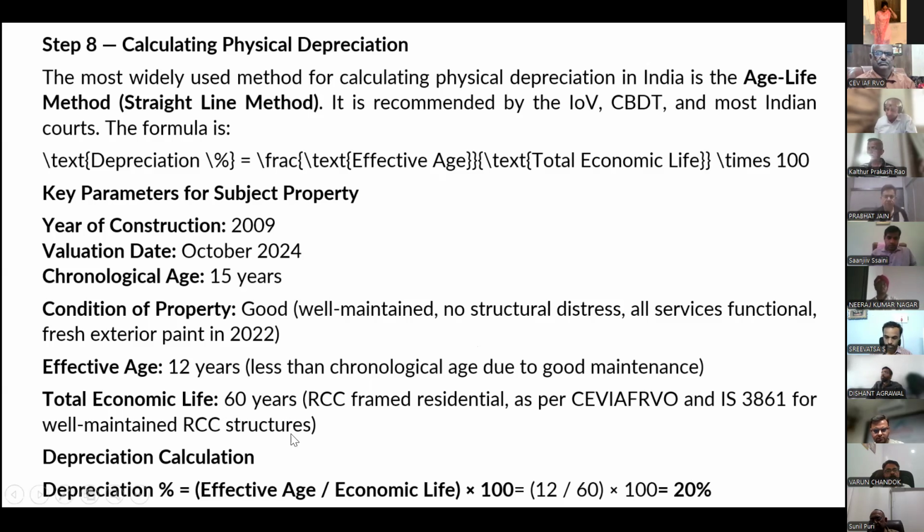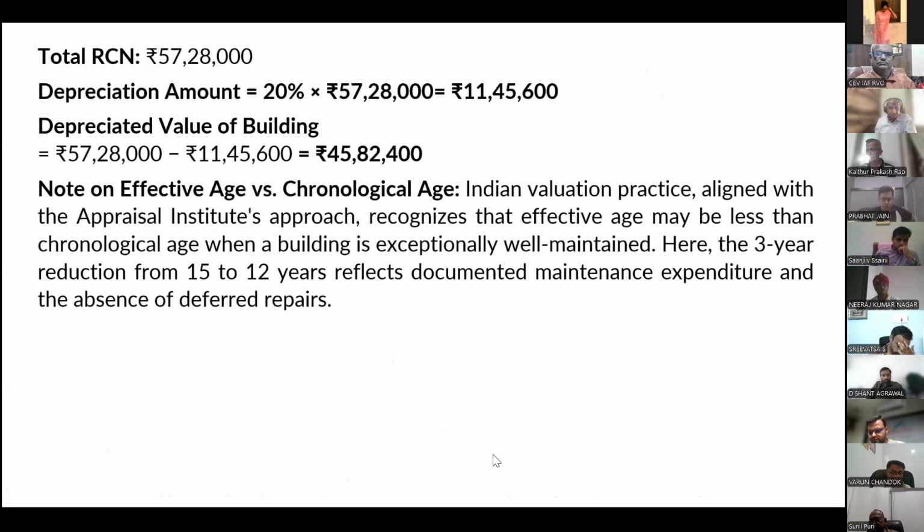Then we assume economic life as 60 years, as it is an RCC framed residential. So depreciation is effective age divided by economic life multiplied by 100. So we are not taking into consideration salvage value here.